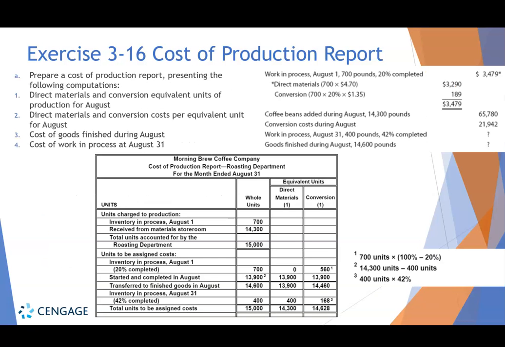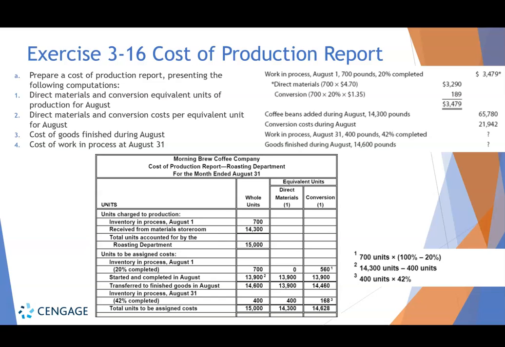So this report shows us we started the month with 700 units. We received during the month storeroom materials of 14,300 pounds.